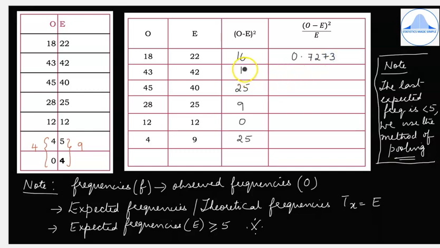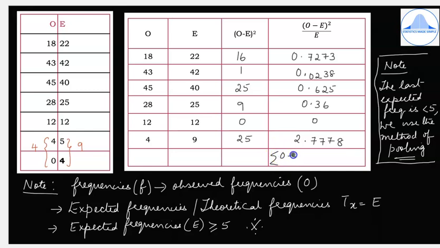Similarly, when you do 1 divided by 42, you will get 0.0238. The next value is 0.625, then 0.36, then you have 0, and then 2.7778. Now let us find out this total which will be required for the chi-square test statistic.